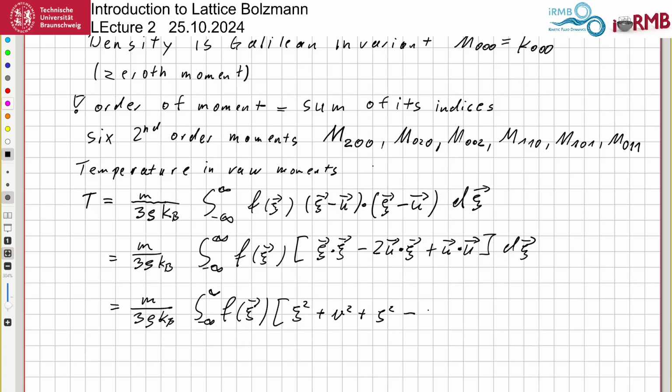So this gets into minus 2u x. And now comes here the first moment, m00, minus 2uy m01. Because we do the integral over xi.